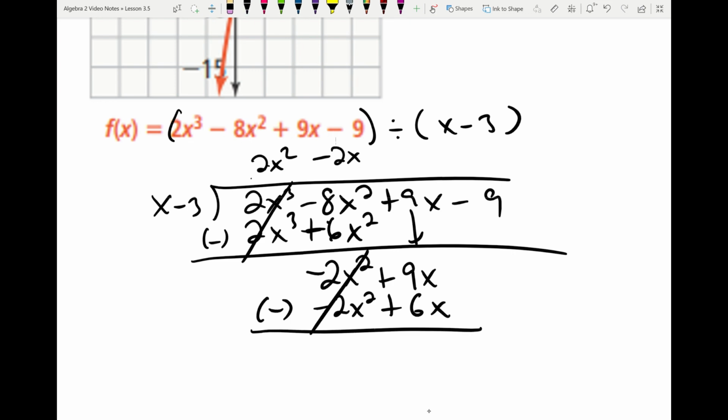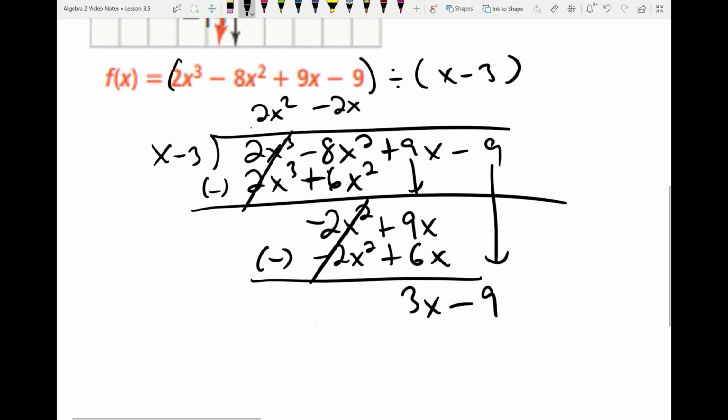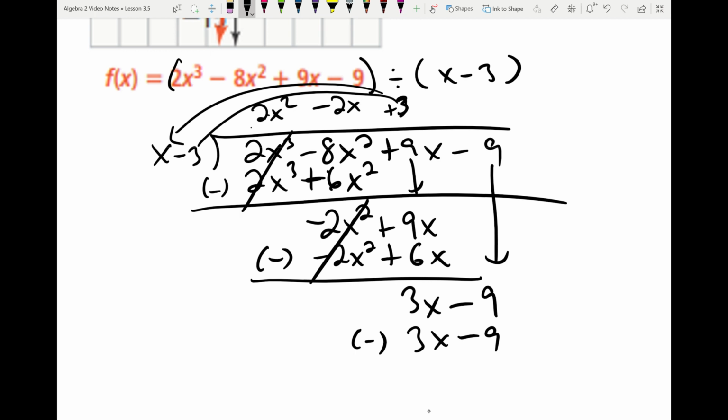Cancels. 9 minus 6 is 3x. Bring down the negative 9. So what times x is going to give you 3x? That would be a positive 3. And then 3 times negative 3 is negative 9. Subtract. So you get a remainder of 0.